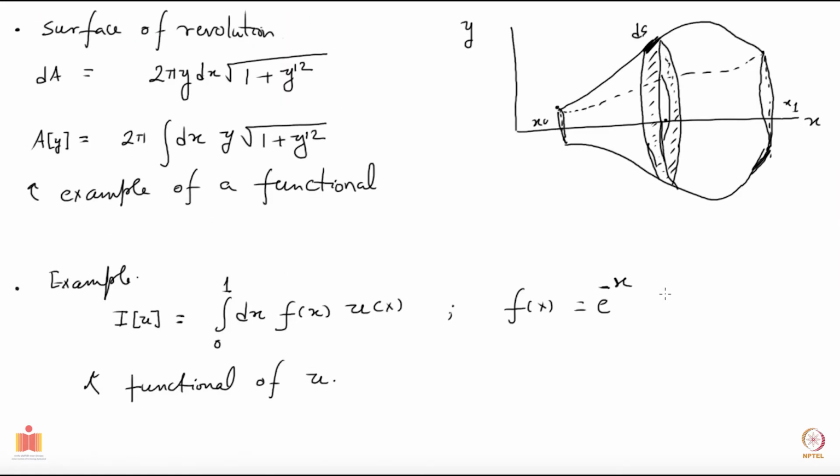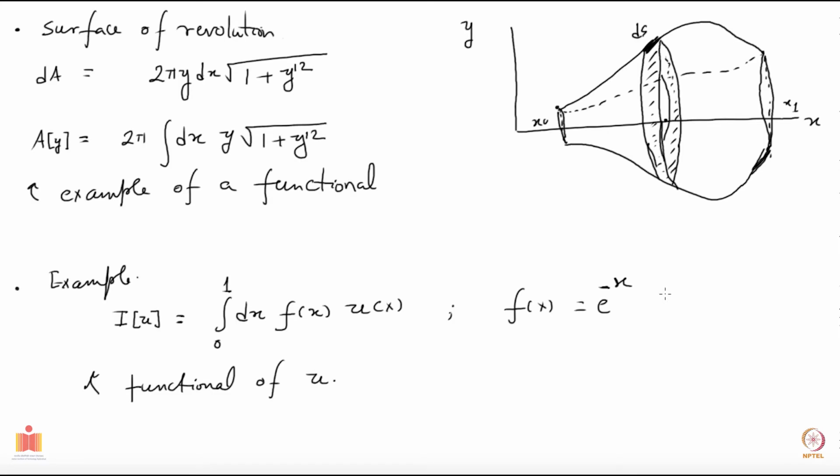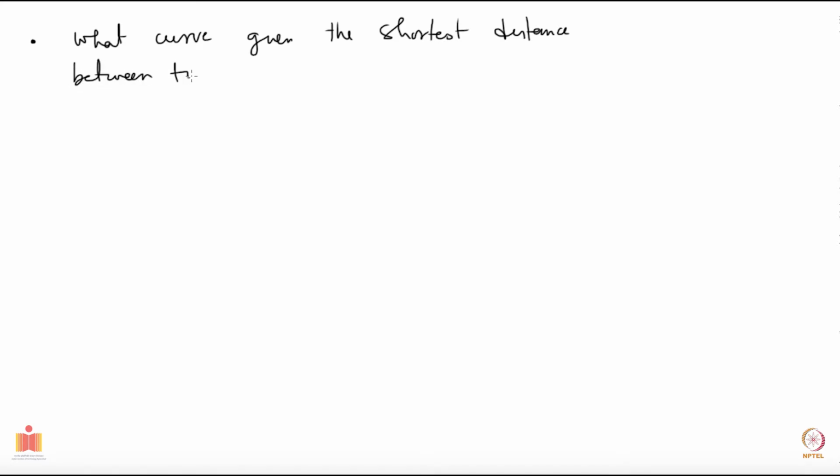That's about functionals. That's what I wanted to say. Maybe I should write it down. So the questions we will be generally interested in asking in the case of functionals are, for example, what curve gives the shortest distance between 2 points, let's say in the xy plane, for example, or xyz.